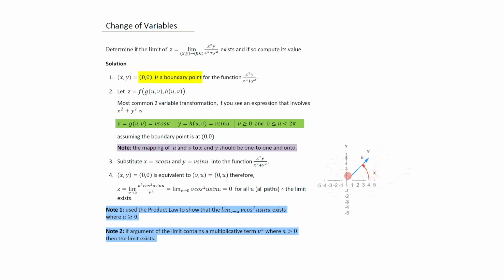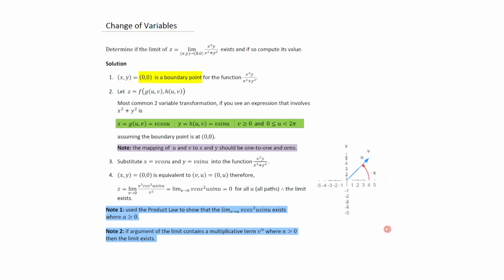So that's a path. If you now change to a different value of u, then you'll have a different radial line. But in all cases, we're coming back to the center. So the limit in all cases, no matter how we choose u, is always going to be equal to 0. All right, therefore, the limit exists in this case.